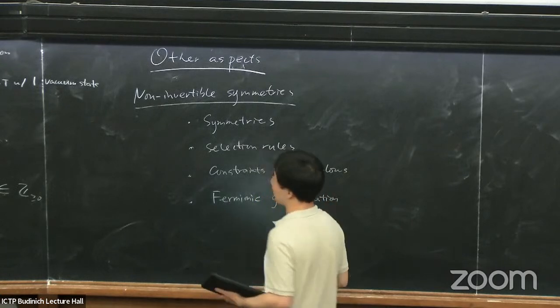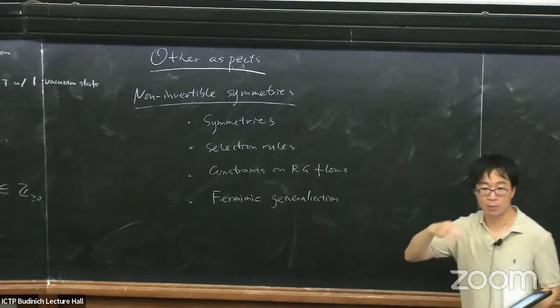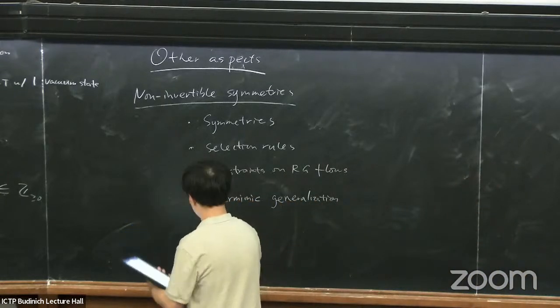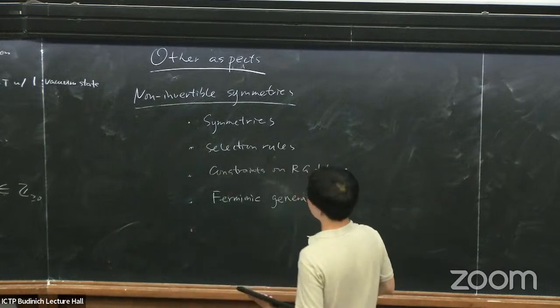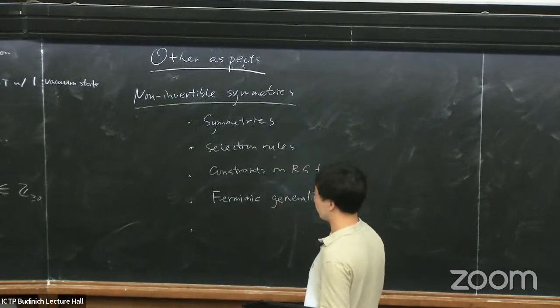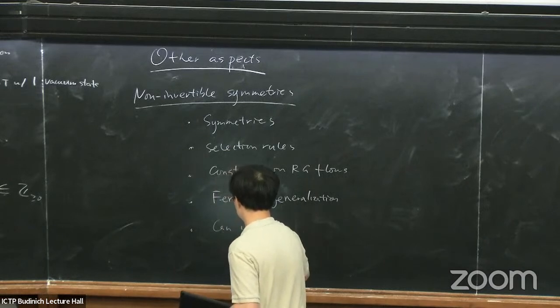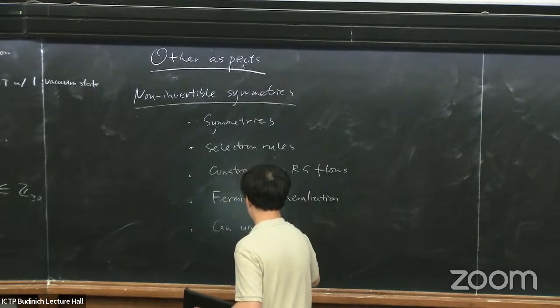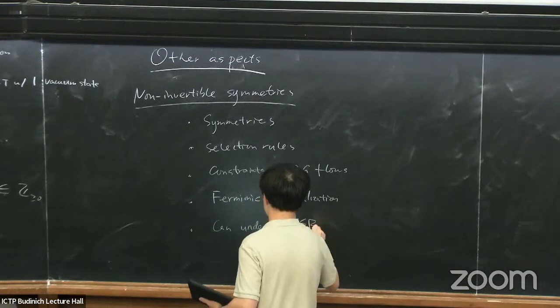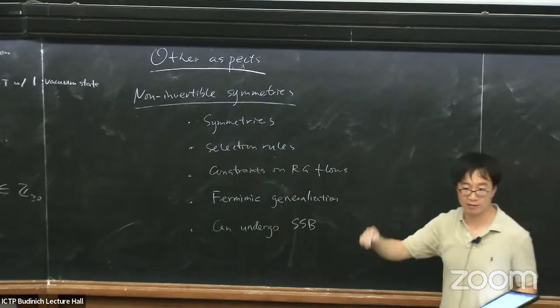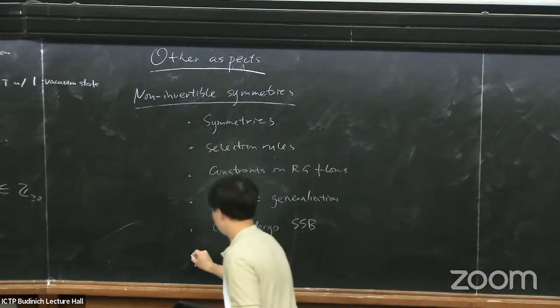And that story can be tied together with what I discussed using the bosonization duality in 2 dimensions and higher. And as I just discussed, this non-invertible symmetry, similarly to usual symmetries, can undergo spontaneous symmetry breaking, and it can be used to explain degeneracy of the vacuum.